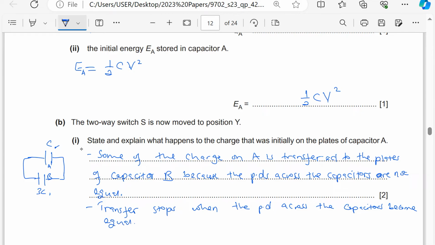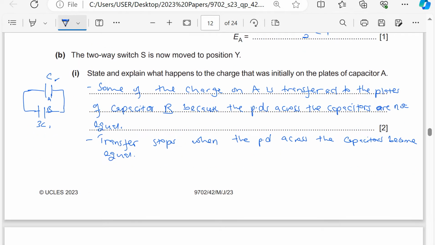So that is what really happens here. When the PD across the capacitors become equal, the transfer of charge has stopped.